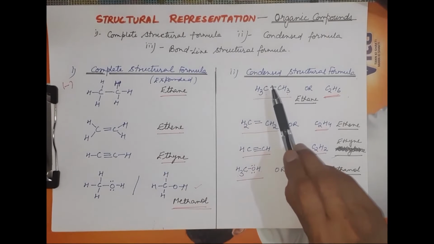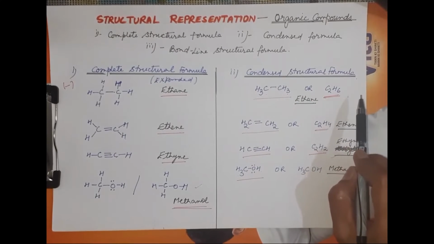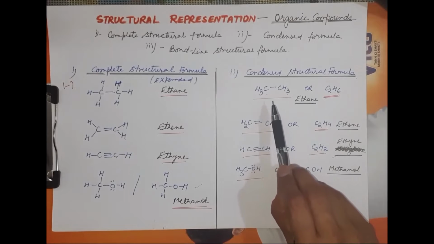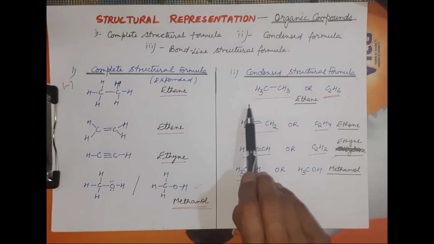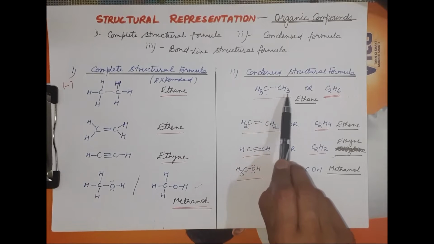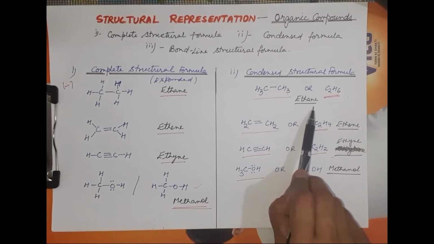Next is the condensed structural formula. It is also very simple. We have to write it in the condensed way. For ethane, we can write CH3CH3 or C2H6. This is ethane.